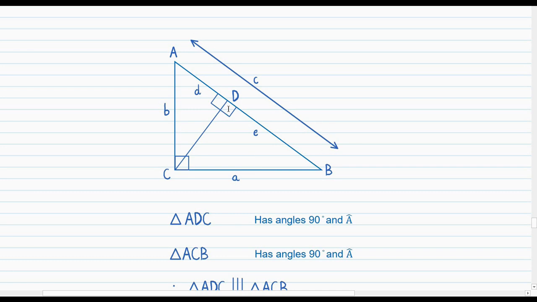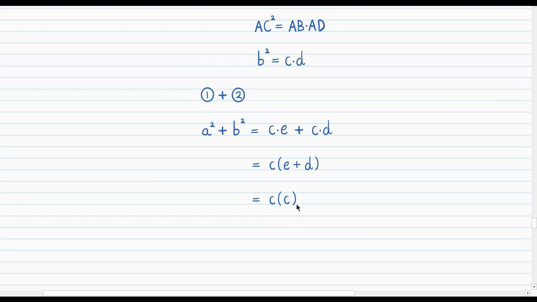So we can substitute the bracketed addition of these two with c, giving c times c, which is just c squared. Therefore, a squared plus b squared is equal to c squared. And we've therefore proven Pythagoras' theorem. Or if you want to write this in terms of the capital letters, this would be BC squared plus AC squared is equal to AB squared. And that's how you would prove Pythagoras' theorem using similarity of triangles.